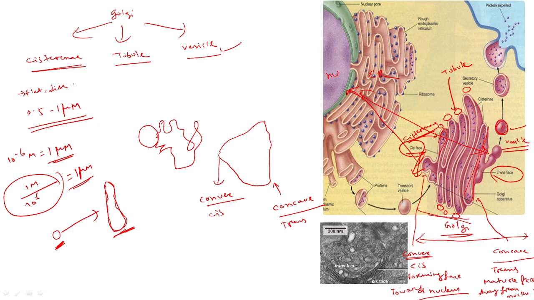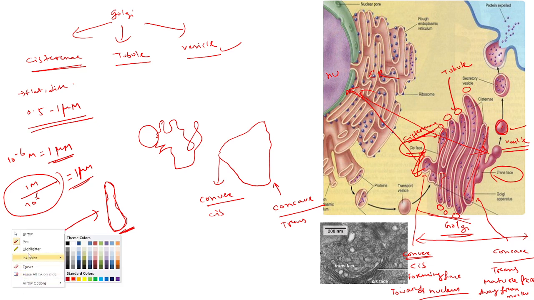Okay, so they are interconnected. The cis and the trans are interconnected here. So this is the main structure of the Golgi body. Now come to the function of the Golgi body. From the ER, the proteins are transferred by forming a vesicle.